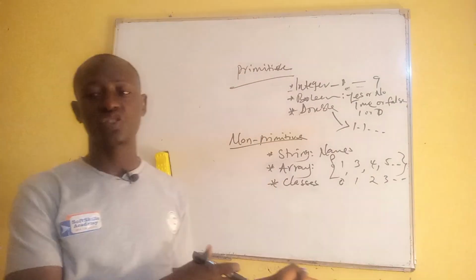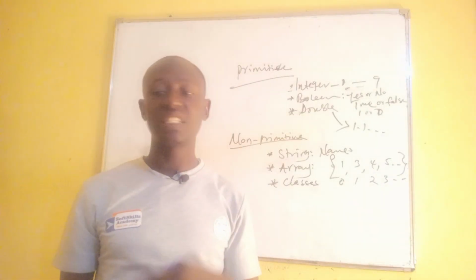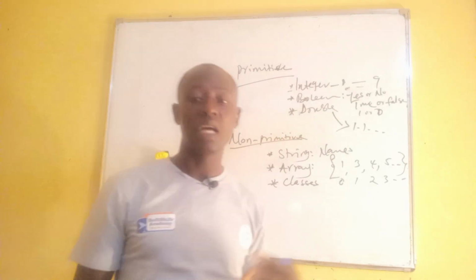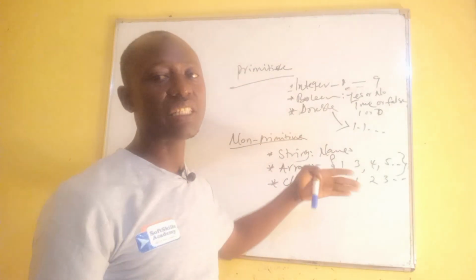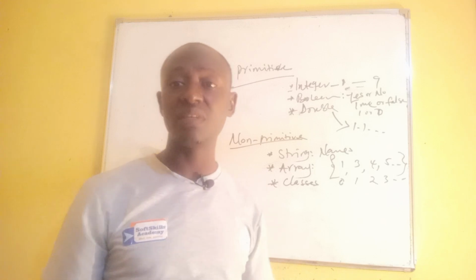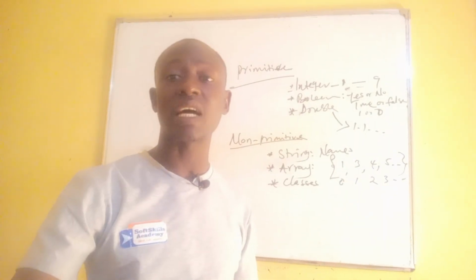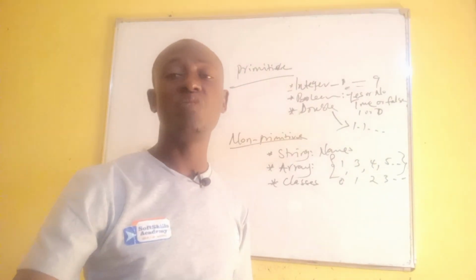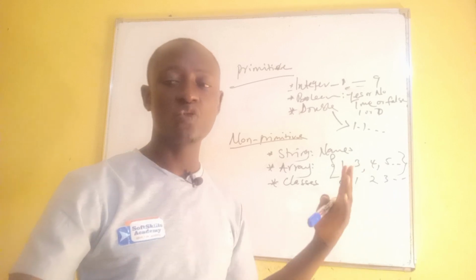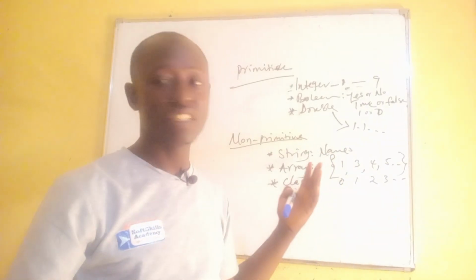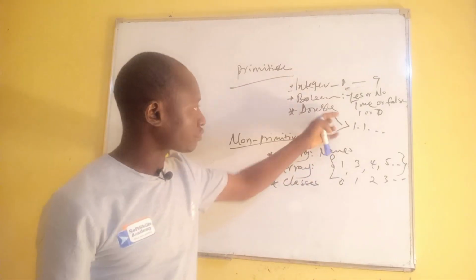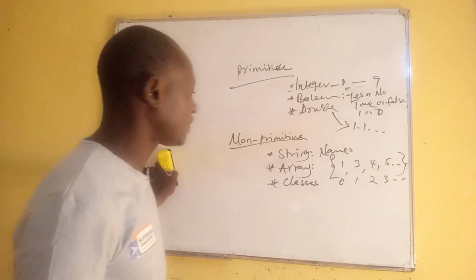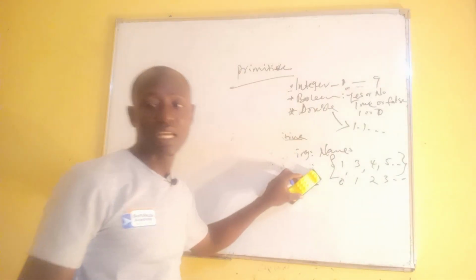Basic building blocks, while non-primitive data types are more complex and structured in nature. So though this is Java, we are not going in depth into these primitive and non-primitive data types, but assuming we are working with a data structure, we are going to go a little deeper into these primitive and non-primitive data types.